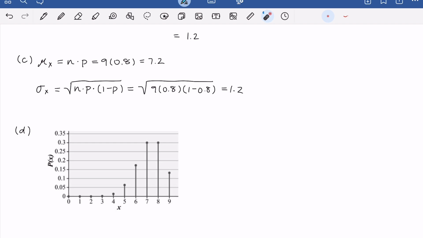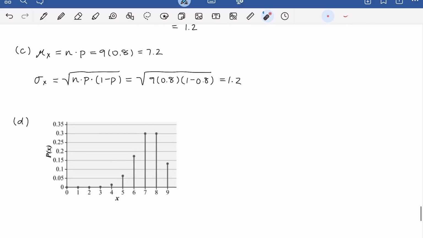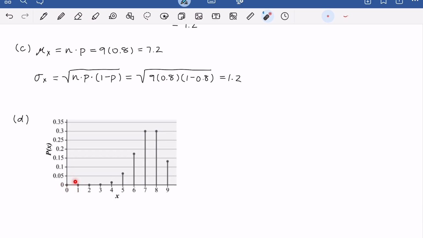So we know from our table here that the probability of having 0 successes is 0. Similarly, for the probability of having 1 success. And then notice here, the probability of having 7 and 8 successes is given by approximately 0.3. Going back to this graph, we see 0 probability for these, and notice the probability is 0.3 for 7 and 8 successes here.